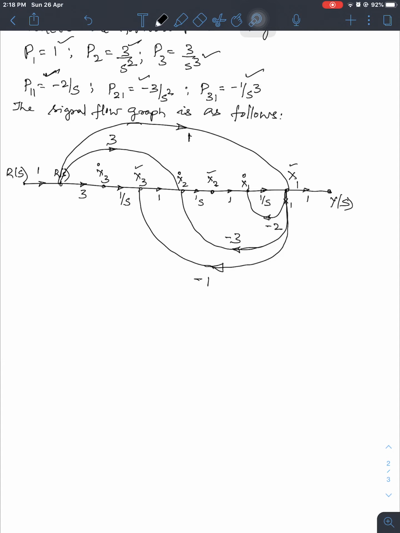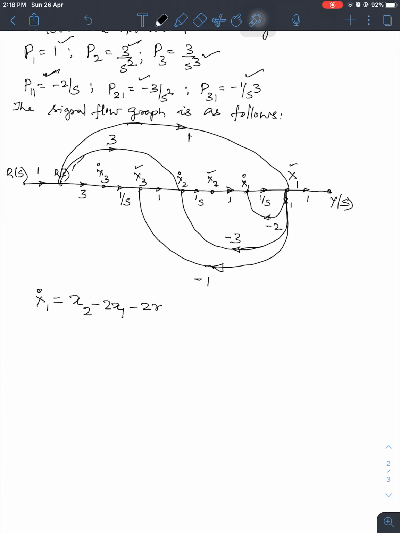If you look at this graph, we can easily write the signals at x1 dot. x1 dot comprises one signal from x2, that is x2, one signal from x1, that is minus 2x1, and one signal from r, which will come via 1 and minus 2, that is minus 2r.